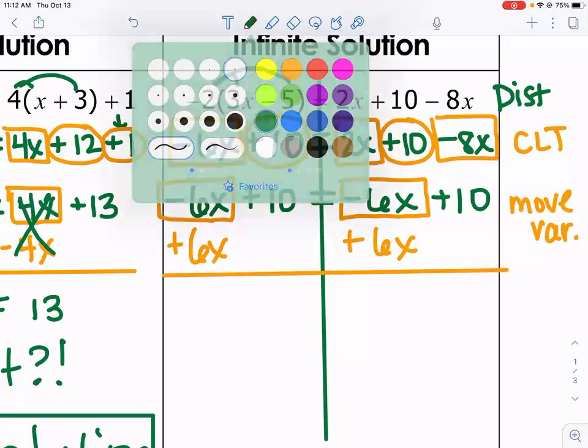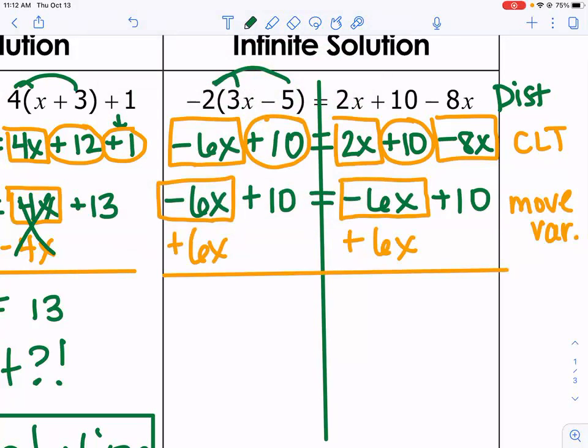Oh my goodness, isn't this so exciting? Bennett, what happens to -6 plus 6x? They cancel and we're left with 10. That's what we wanted to have happen. But excitingly, over here on the left side, what is -6x plus 6x? That goes away and we're left with.